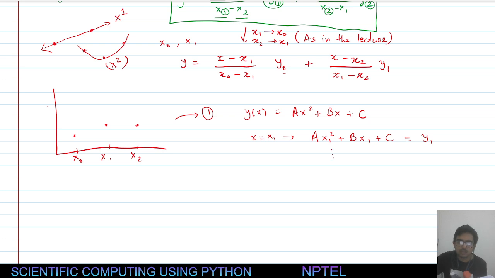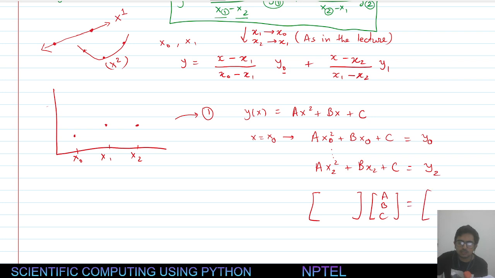Okay, and similarly for x2. Again I made a mistake, we start from x0. So this is y0, and then for x1, and then for x2 is equal to y2.